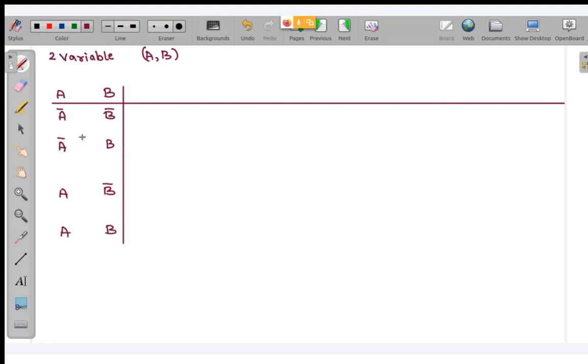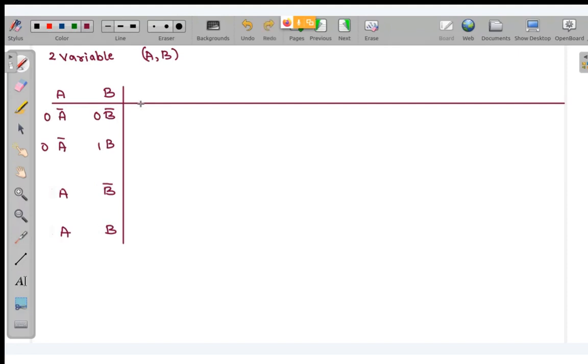Simply, this will be 0 0, 0 1, 1 0, or 1 1. Simply I am just encoding this, that 0 corresponds to complement and 1 corresponds to non-complement.